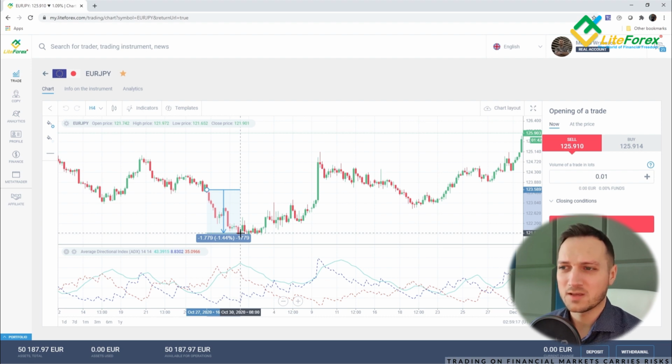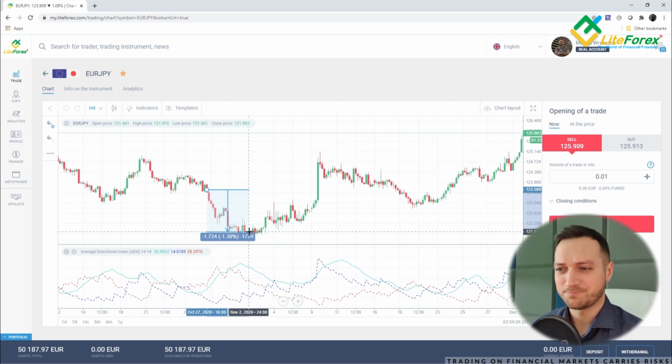And in this particular example, when the ADX line would be entering the barrier of 40 points, 40%, that would be a moment to think about the exit, right? But let's not end at this point.